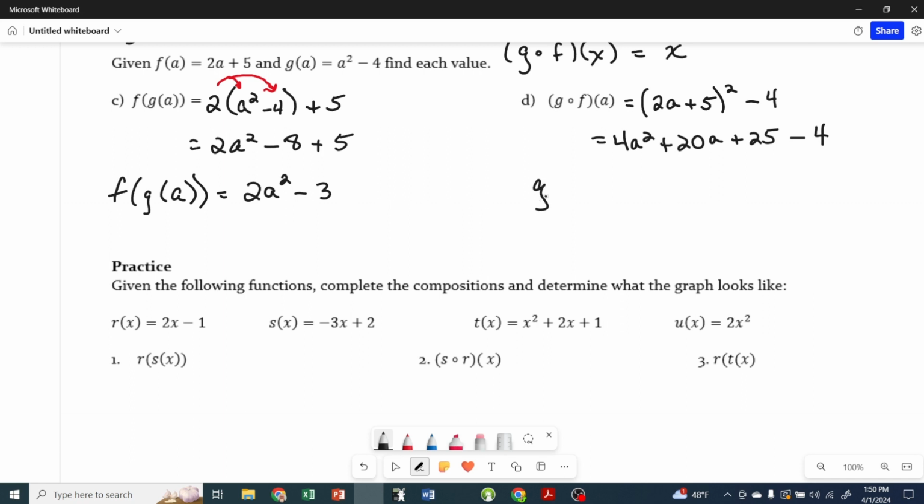Let's keep the same notation. g of f of a is equal to 4a squared plus 20a plus 21.